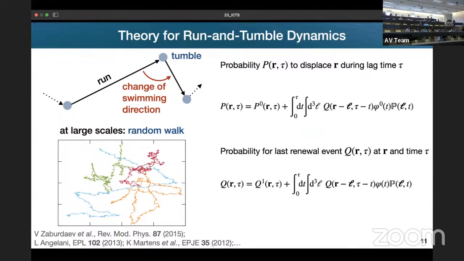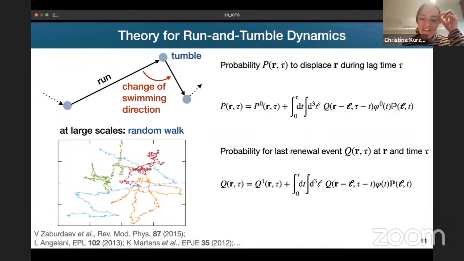That is the anomalous diffusion. So when this transition happens from anomalous at the intermediate regime to normal diffusion at long time, how would you choose the waiting time distribution? But that's an interesting question.